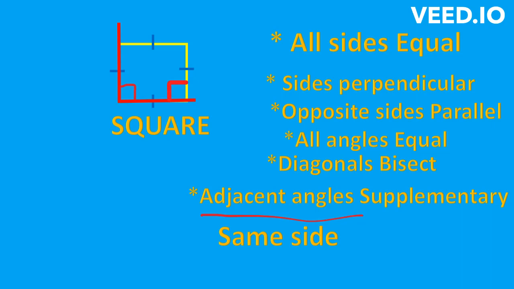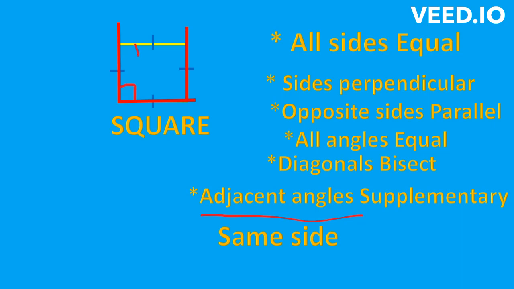What are the two sides to this angle? This side and this side. These two sides. So, is there any common side? Yes, there is a common side to these angles. They share a common side, so these two angles are called adjacent angles.